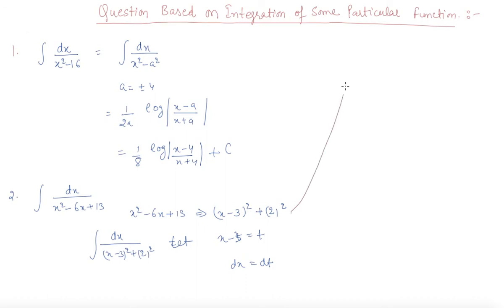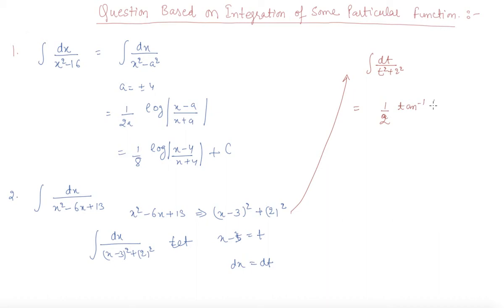Now dx equal to dt, so my expression converts to dt over t square plus 2 square. Now it is very easy because it converted to dx over x square plus a square type expression, and the formula for this is tan inverse t by a.